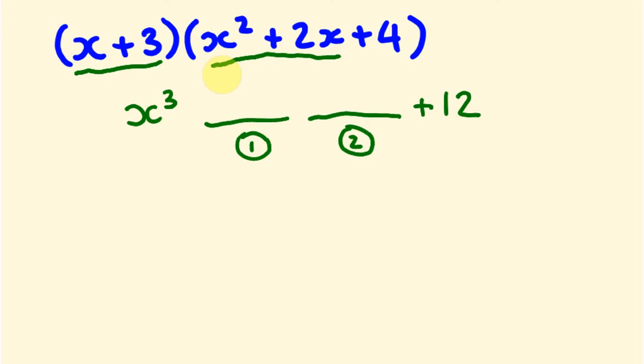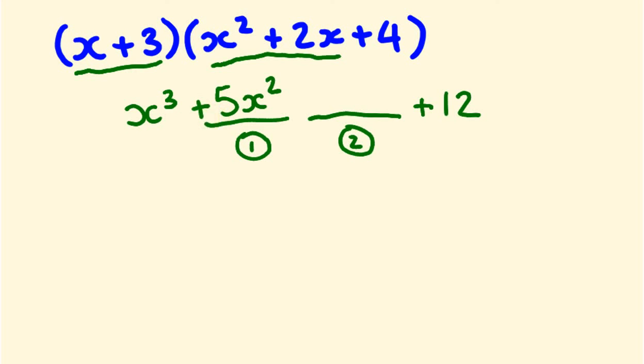Okay, so we do this, we get x times 2x, which is 2x squared, and then x squared times 3, which is 3x squared, so 2x squared plus 3x squared, which is 5x squared. Okay, and that's a positive.